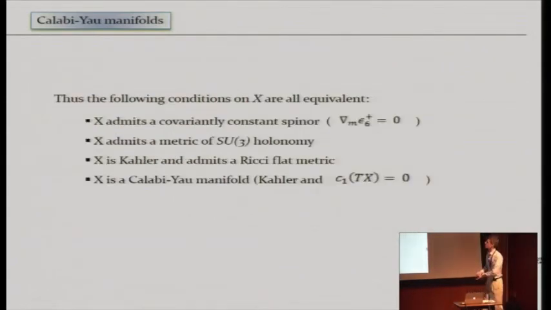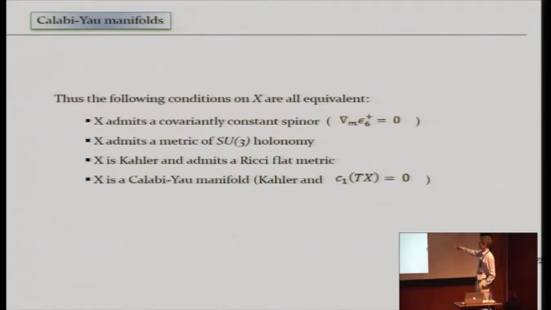Okay, so the summary of our long discussion can be summarized in the following bullet points. We've shown that the following conditions on our 6-manifold X are all equivalent. X admits a covariantly constant spinor, this equation, so that's what we wanted in order to find an unbroken supersymmetry transformation.